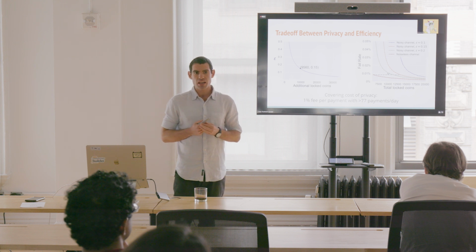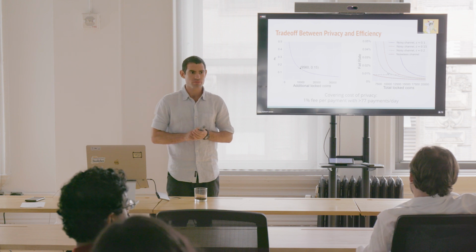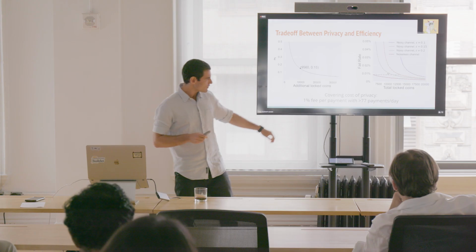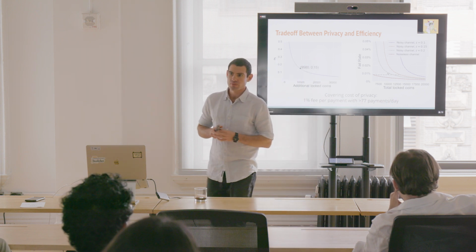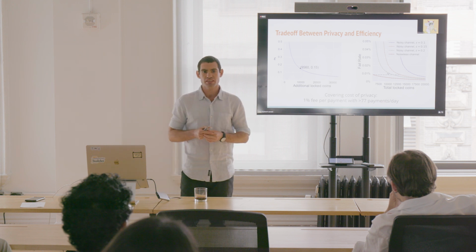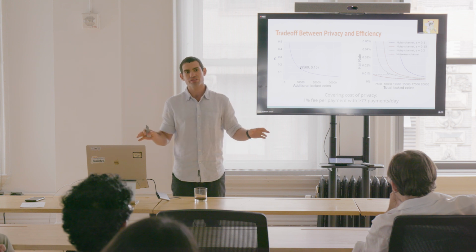Let's assume a yearly interest rate of 3%. If we want a delta, the efficiency, of 10 to the minus 5, and an epsilon of 0.15, and here comes the time that I talked about before: if the channel handles 77 payments a day, then taking 1% is enough to cover all the extra costs.